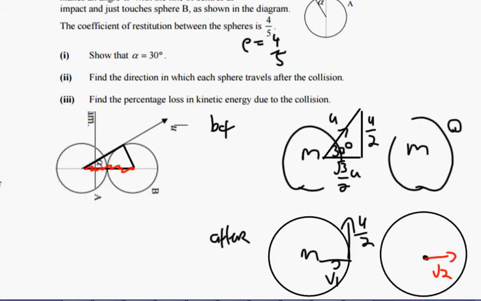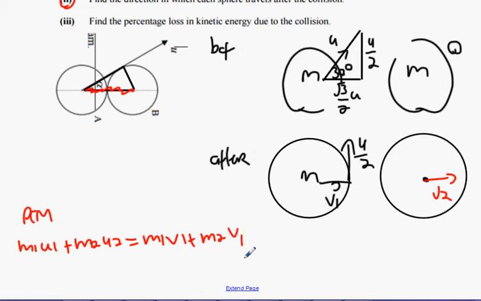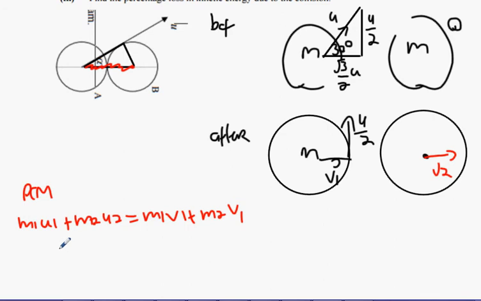Once you have that set up, guys, you have to find the direction in which each sphere travels after the collision. It's the same setup we always use. PCM: M1U1 plus M2U2 equals M1V1 plus M2V2. Please keep an eye on me, okay? It's very easy to make a mistake. I'm going for M times root 3 over 2 U, the U1 speed here.